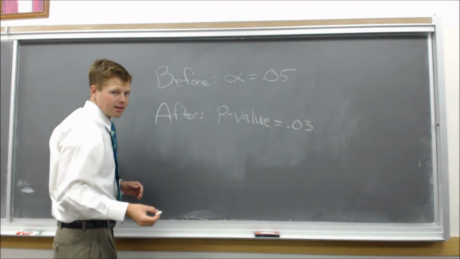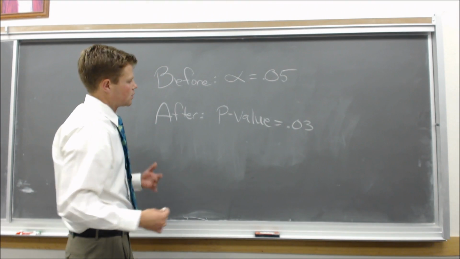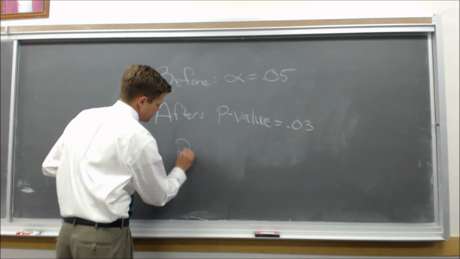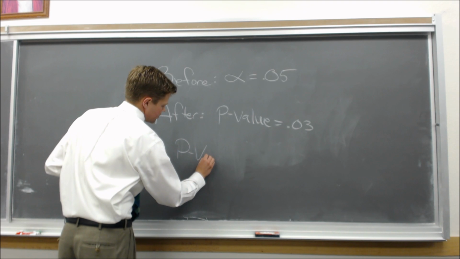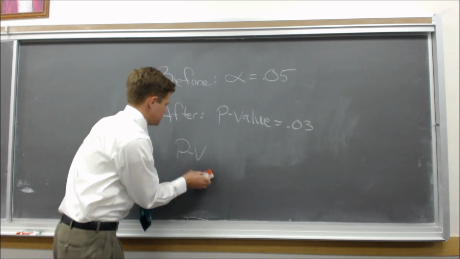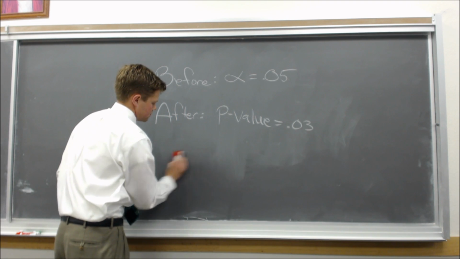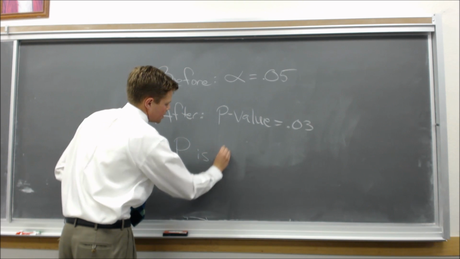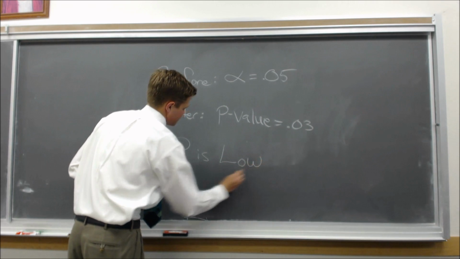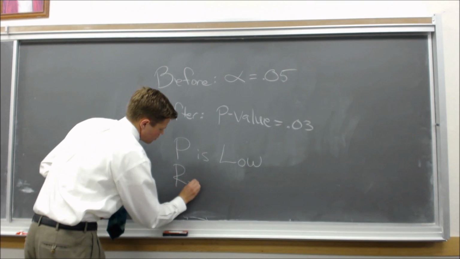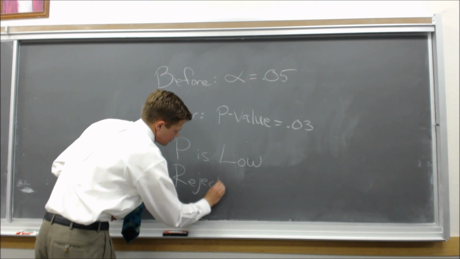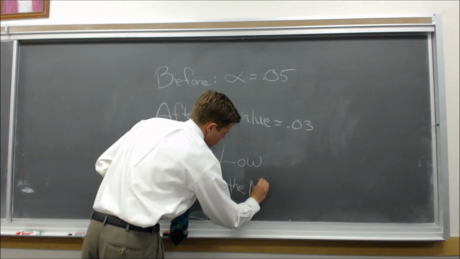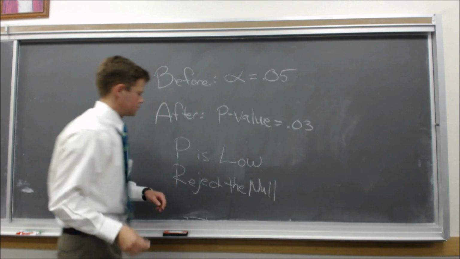And the catchphrase that I like to use that helps me remember whether to fail to reject or reject is: if p is low, reject the null. Okay?